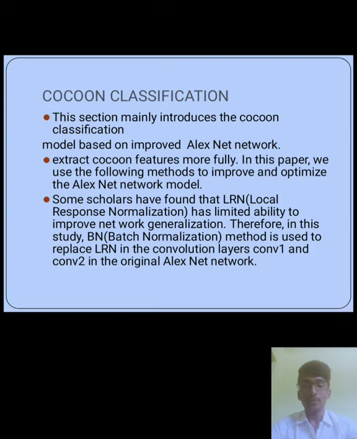Some scholars have found that LRN, local response normalization, has limited ability to improve the network generalization. Therefore, in this study, the BN batch normalization method is used to replace LRN in the convolution layers, convolution 1 and convolution 2, in the original AlexNet network.